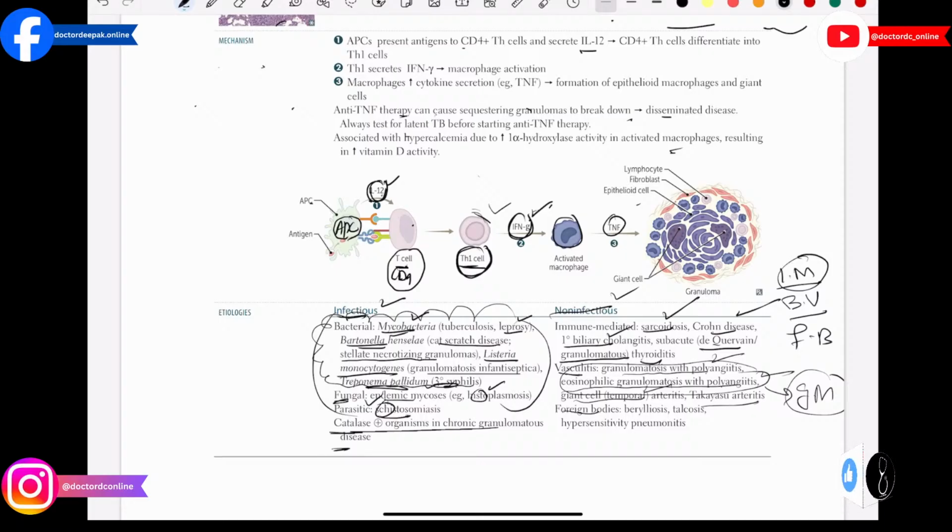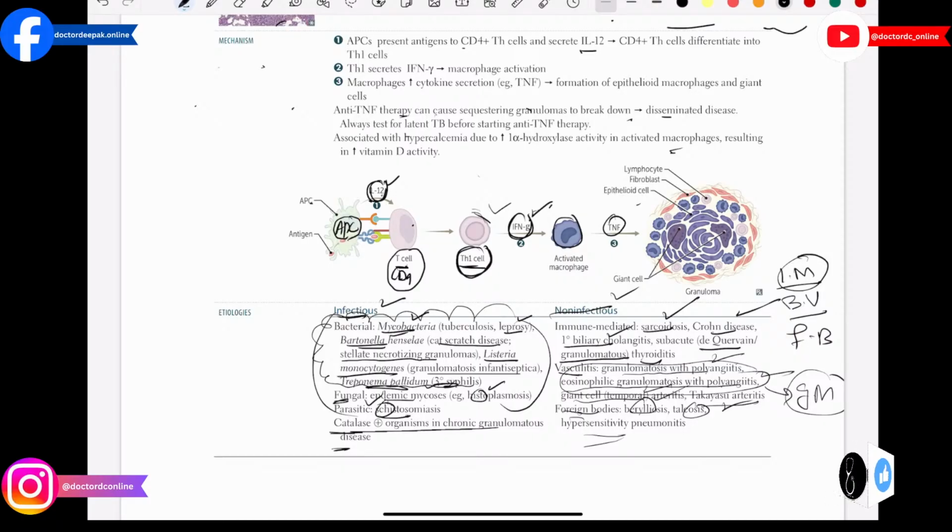Then after that, we have foreign bodies. In foreign bodies, you can take the example of berylliosis, talcosis, and hypersensitivity pneumonitis. So these are the important examples in which you get the granuloma by a non-infectious cause. So this is the topic of granuloma formation.